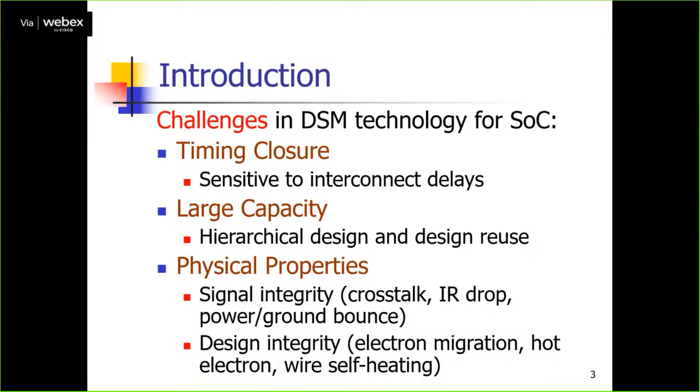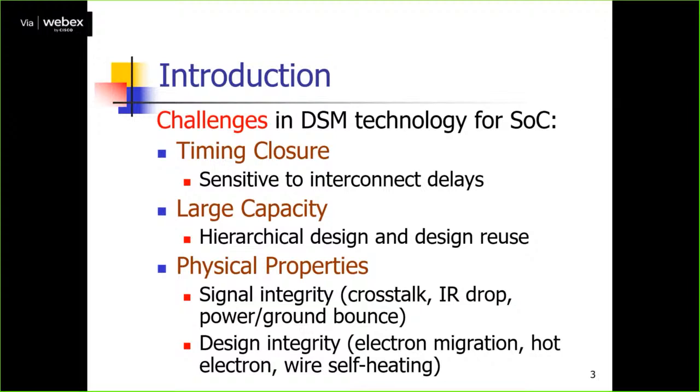The signal strength is normally reduced due to crosstalk, IR drop, ground bounce or power ground bounce, etc. All these factors are together called signal integrity. So that is the major physical property we need to look at for an interconnect in SoCs.